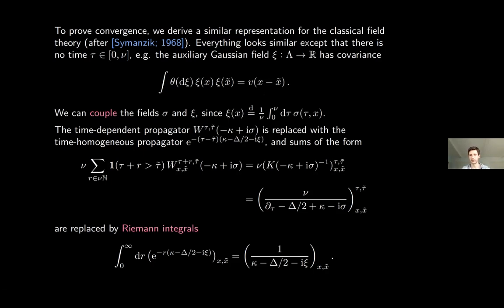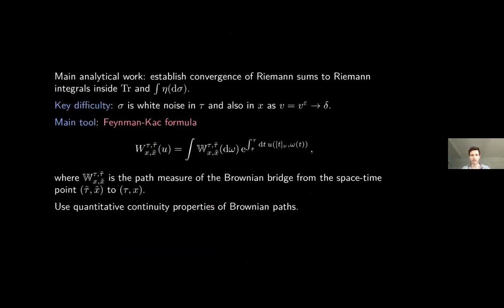You can view it like that. Let me just conclude. Of course, as you might imagine, there are analytical difficulties arising mainly from the fact that sigma is white noise in t and also in x, because we are going to a delta function. So the analysis is somewhat involved, but I tried to explain the main algebra.